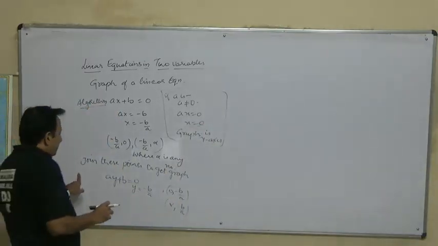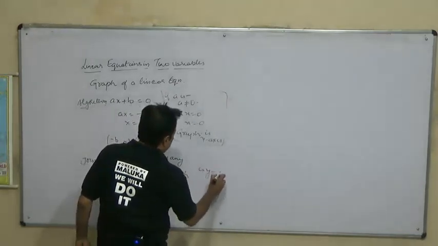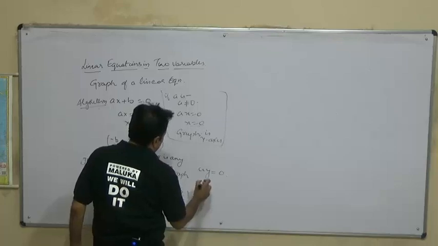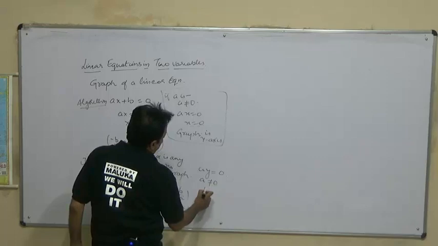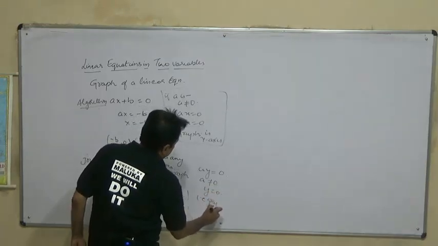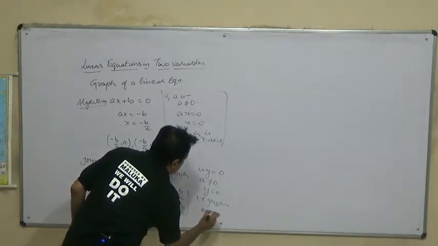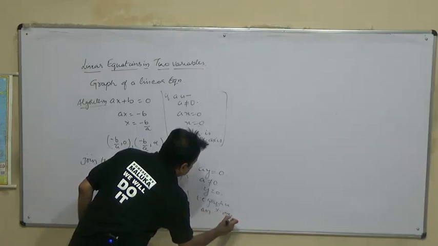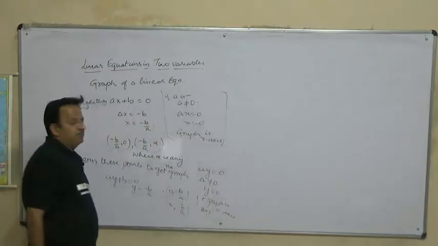And if ay is equal to 0 and a is non-zero, y is equal to 0, that is, the graph is on the x-axis. These are the standard graphs we can have.